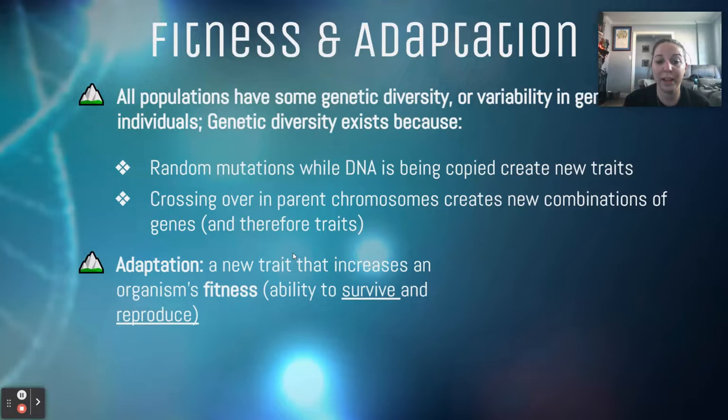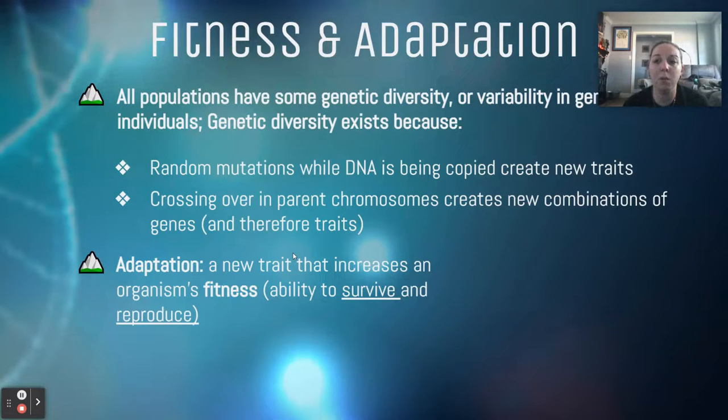So just remember we have that crossing over that happens in meiosis, where part of the mom's genes switches places with part of the dad's genes, and then they separate, recombine, and that's going to cause diversity. That's why if you have a sibling, unless you're an identical twin, you're not going to look identical to your sibling because you both got a little bit of different DNA from your mom and your dad.